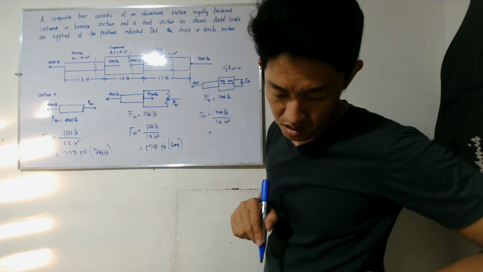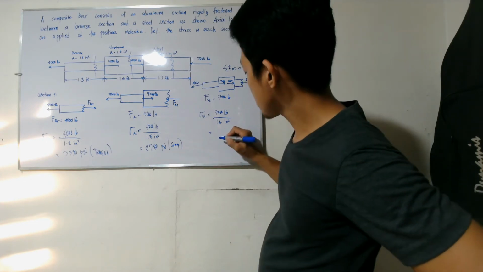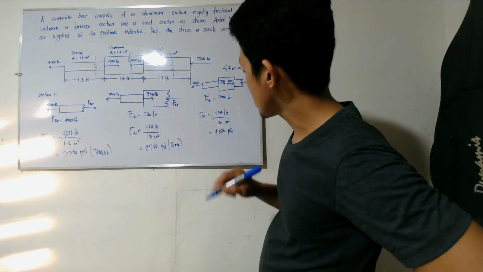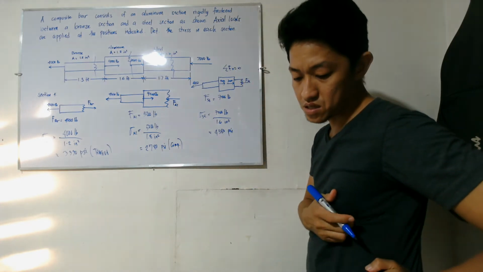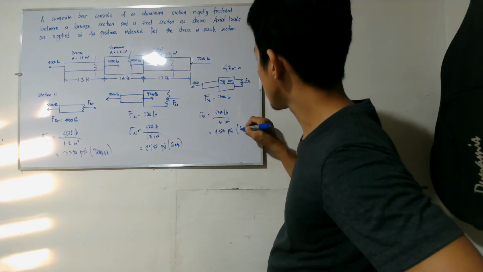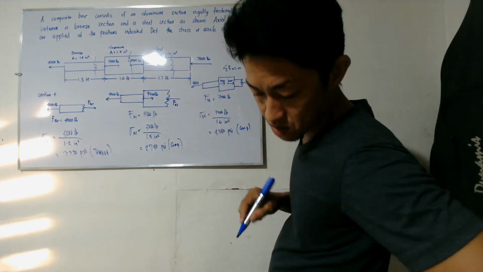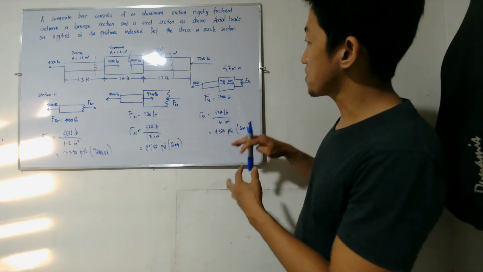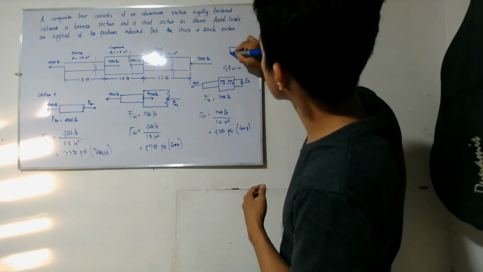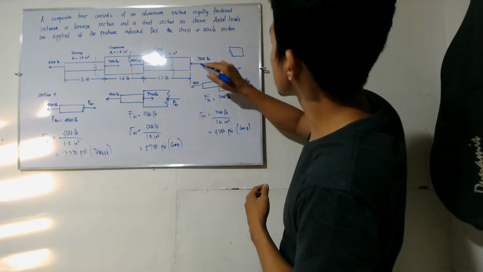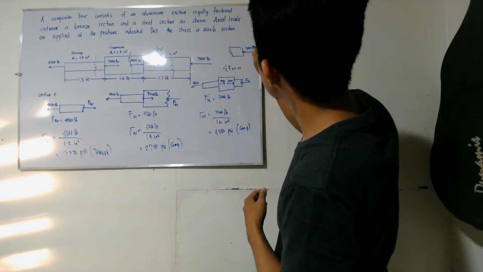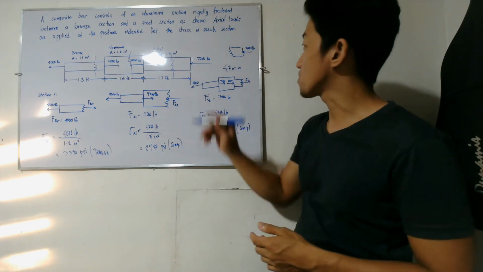This is just 4,380 psi, or pounds per square inch. This is in compression. Again, you can also consider the right side, which is just one piece and very easy. You will get the same answer.